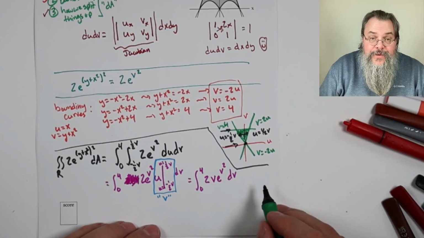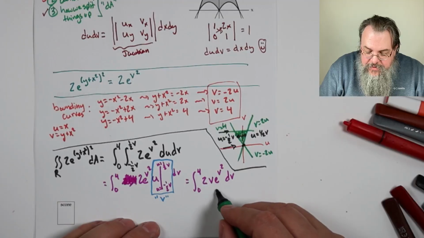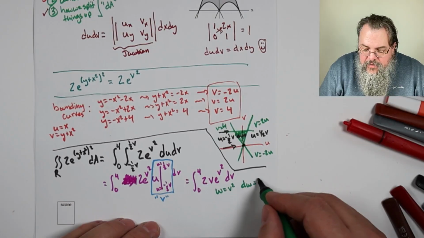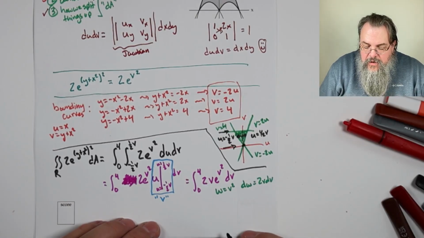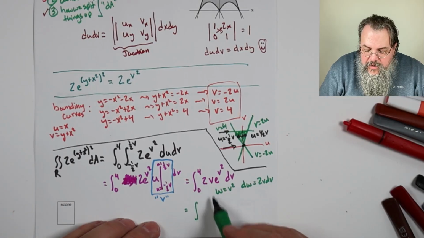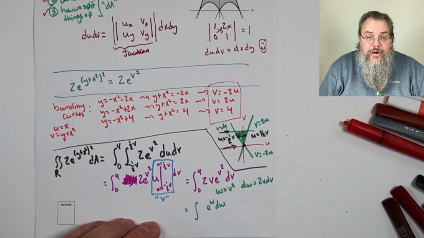We've already used u and v, so we'll work our way through the alphabet. If you let w equal v squared, then dw becomes 2v dv. And so this is the integral of e to the w dw. But what are the bounds?